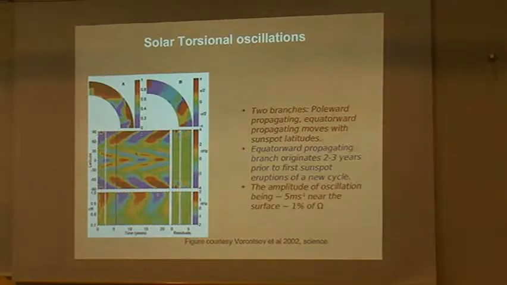So the ratio is 5 meters divided by 2 kilometers. It's very small, much smaller than 1%. So maybe if you take a 20% difference between pole and equator and calculate the velocity, it will be similar to this 1%.